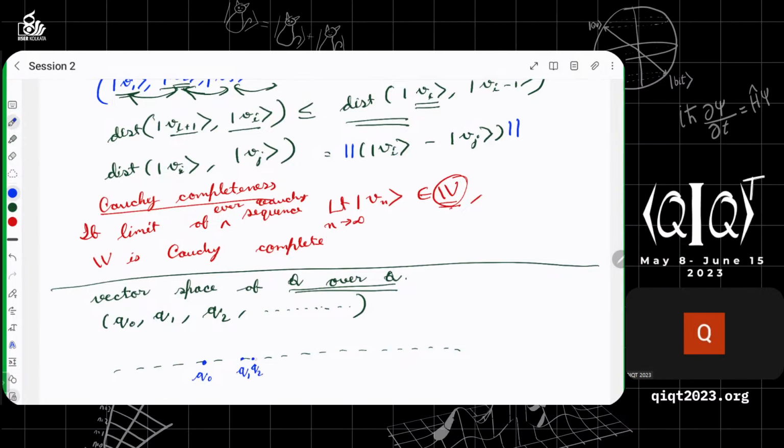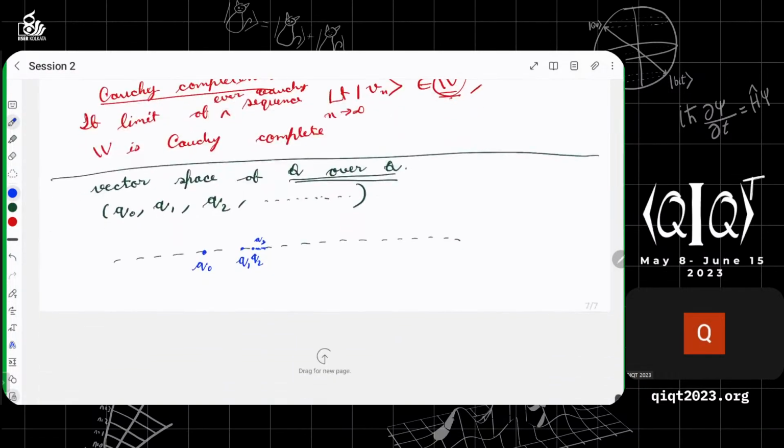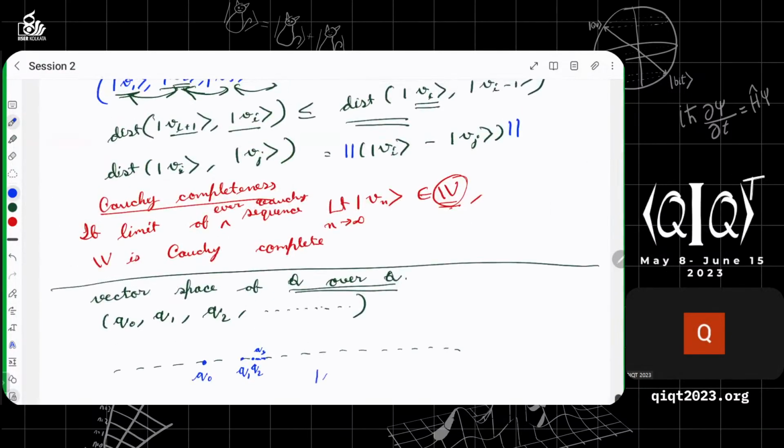So Q2, Q3 will be even closer, Q4 even closer. So it will become very dense eventually. Basically, the distance between Q0 and Q1 would be greater than the distance between Q1 and Q2, and so on. But these are all rational numbers.